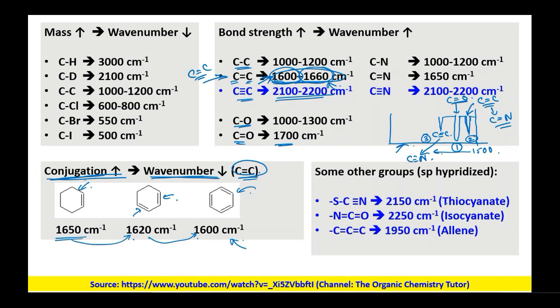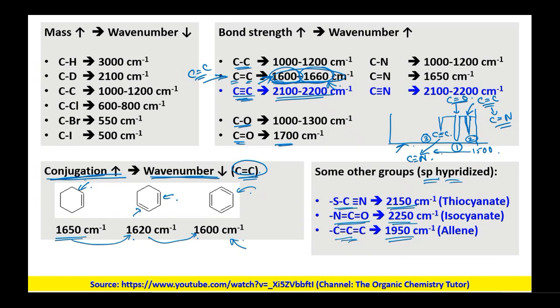Now some other groups which are sp hybridized include SCN, a C triple bond N, at 2150. Then NCO isocyanate is at 2250. The allene C double bond C is at 1950. And again, C triple bond C is 2100 to 2200 centimeter inverse, and C triple bond N is 2100 to 2200.